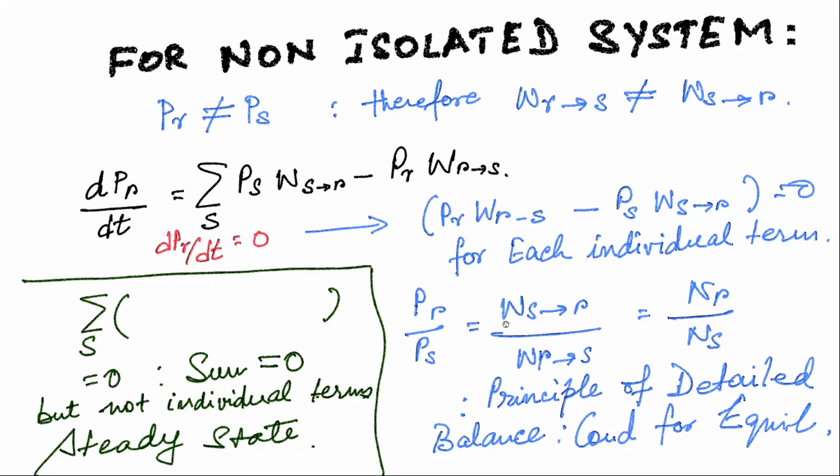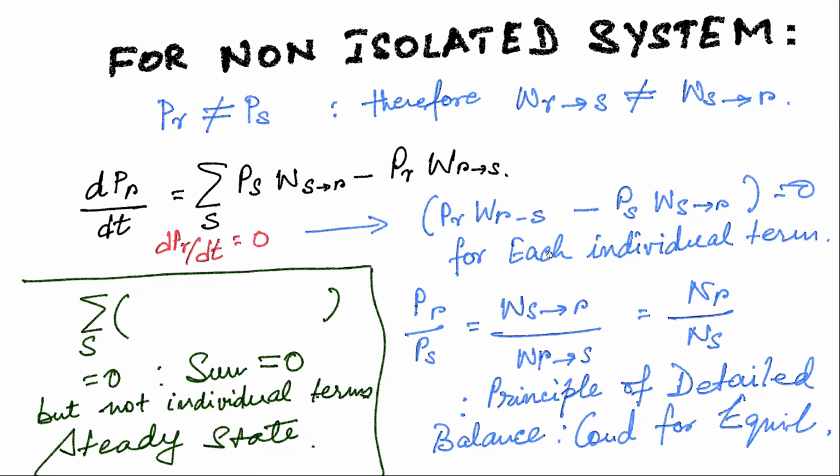So basically, if you have a system in non-equilibrium in the canonical system, then you will have your microscopic WSR and WRS, and the probability of accessing different microstates will keep on changing till this relation holds. And once this relation holds for each of the terms, then dPR/dt will become equal to 0.